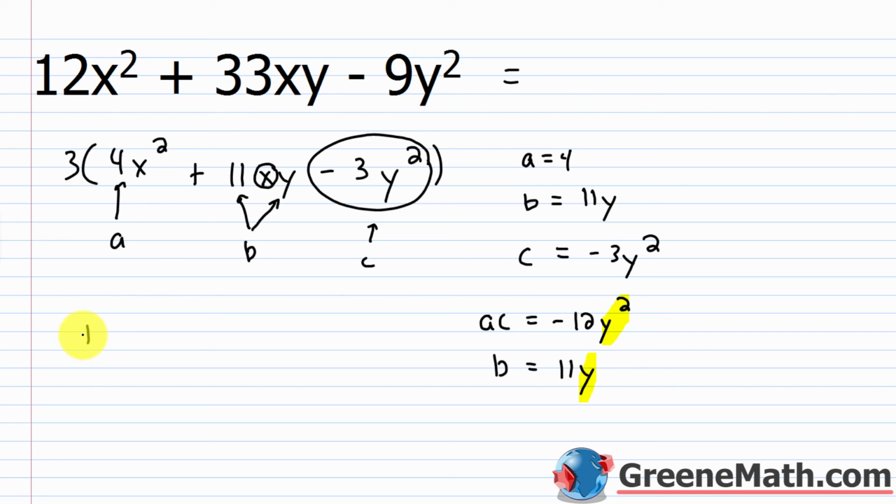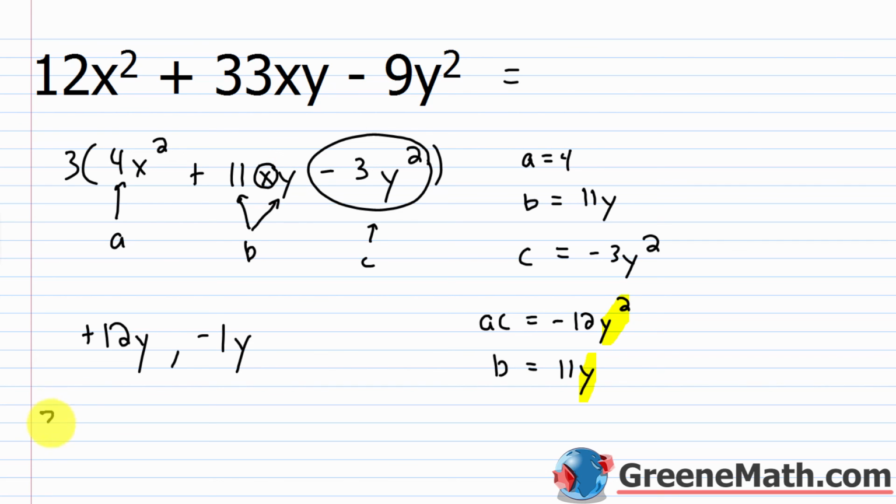So positive 12, again, put a y at the end, and negative 1, again, put a y at the end. That's going to work. Positive 12y minus 1y. If I threw an x in the mix and I sum those two, I get 11xy.